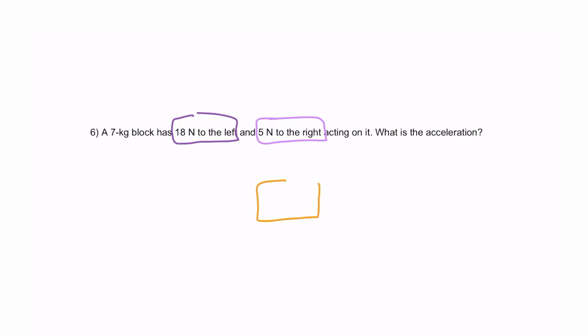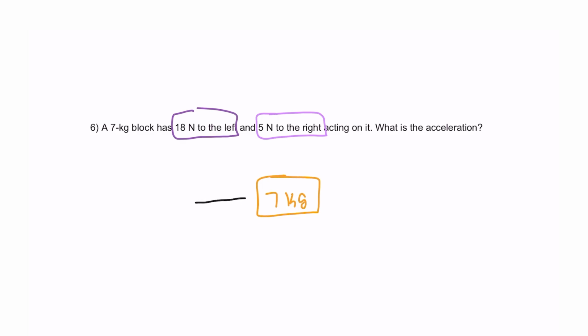So here's our block, and that weighs 7 kilograms, and it's going 18 newtons to the left and 5 newtons to the right. The net force here is negative 18, because it's going to the left, it's negative, and this is going to the right, so that's positive.